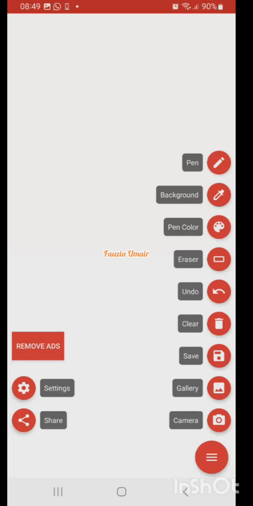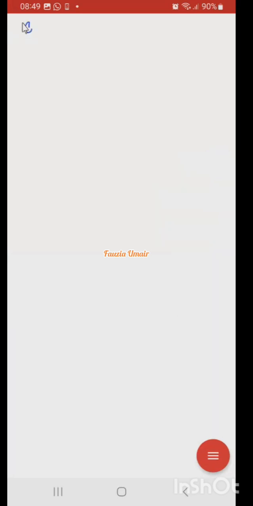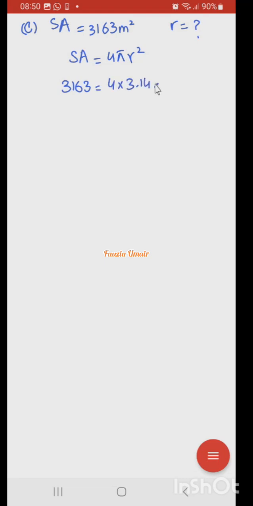In C part, the surface area is given as 3,163 meter square, and we need to find out the radius, right? So we will do the same steps. We will write down, surface area of sphere is 4 pi r square. So now we will put the values: 3,163 is equal to 4 multiplied by 3.14 multiplied with r square.